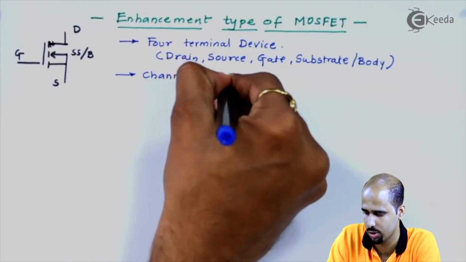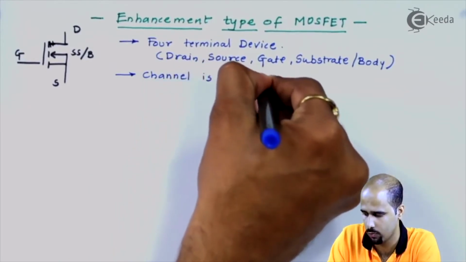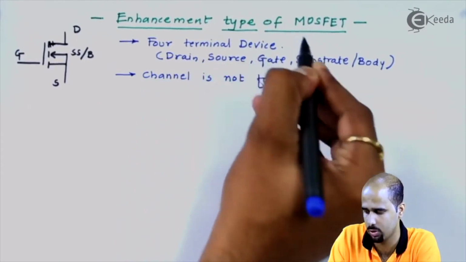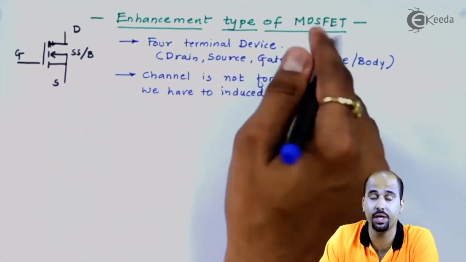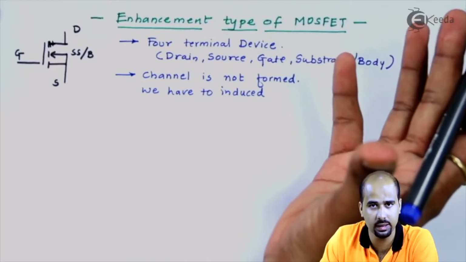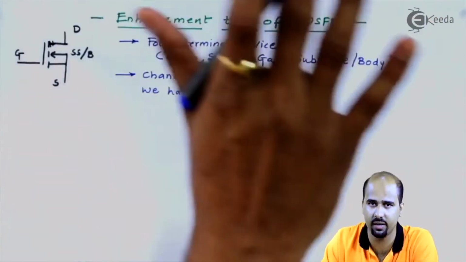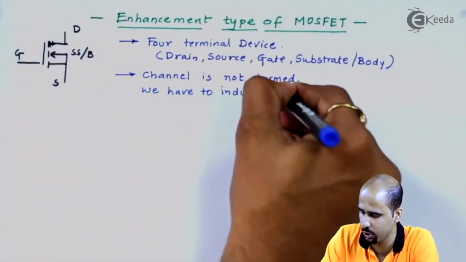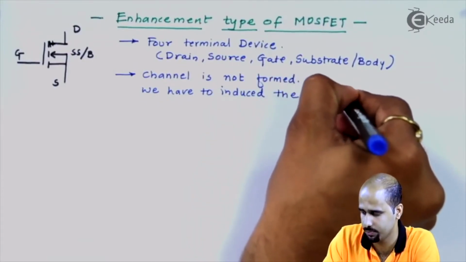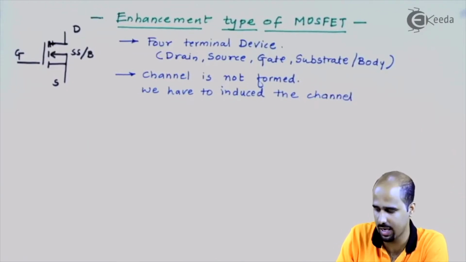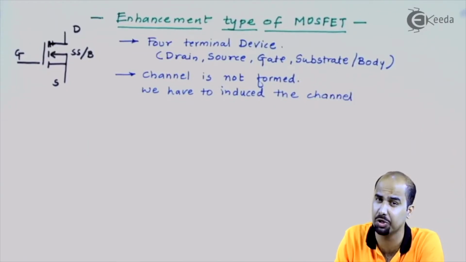Rather, we have to induce carriers at the silicon oxide interface. We have to induce the channel, and that particular channel is called the inversion layer.